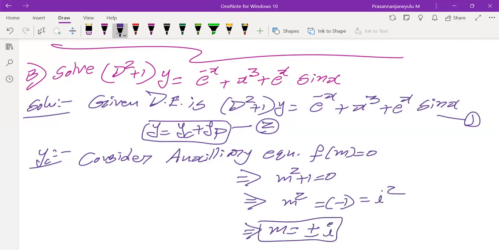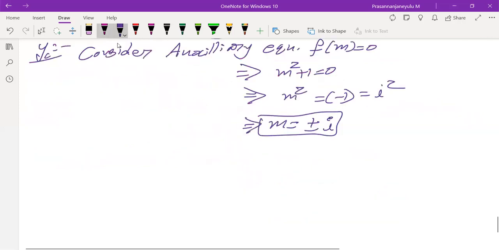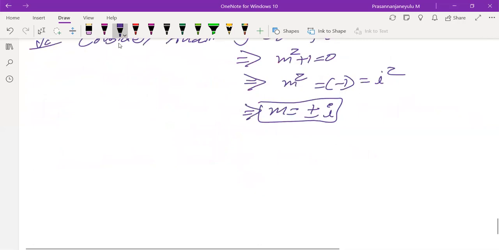What are the roots of our auxiliary equation? Complex roots. Therefore, what is the complementary solution or complementary integral? Yc is equal to e power ax, where a value is 0, a plus or minus ib. Then e power ax into c1 cos bx plus c2 sin bx. So a value is 0, b value is 1.